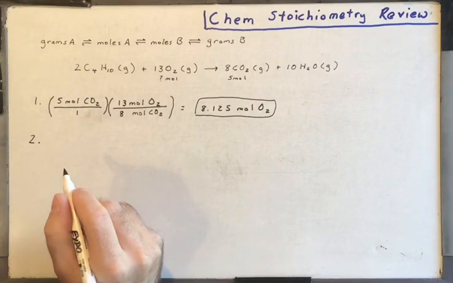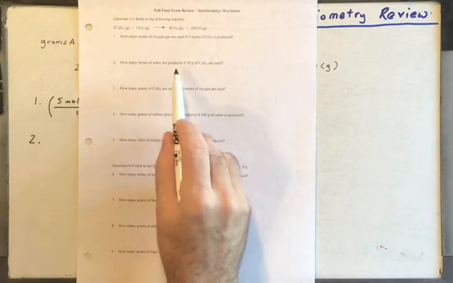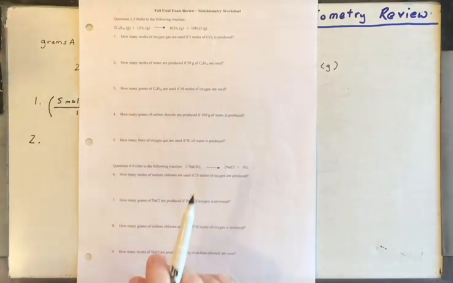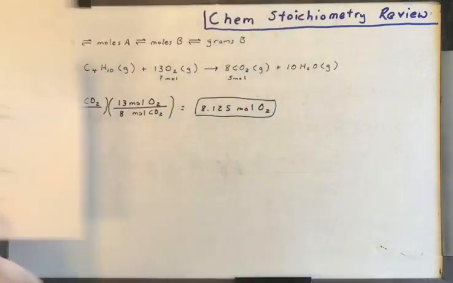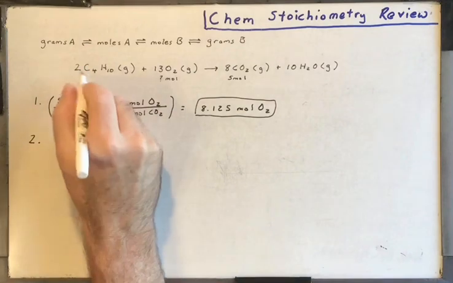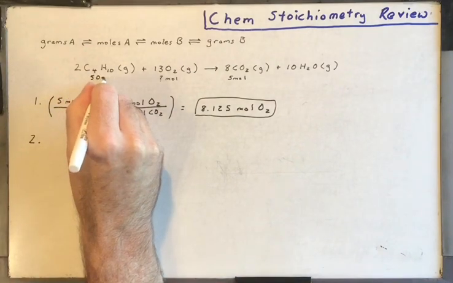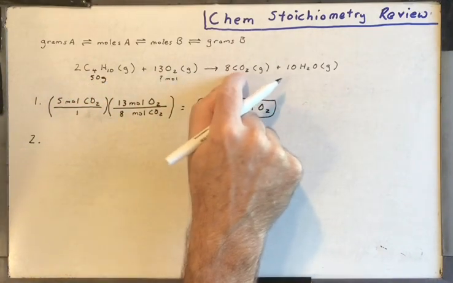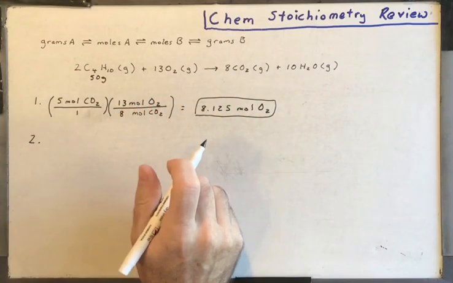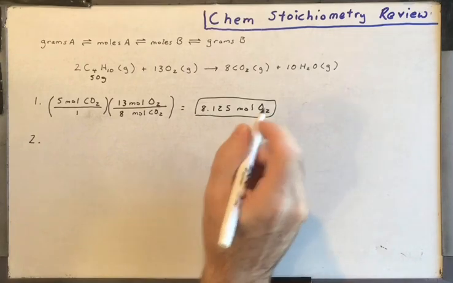All right, number 2 says how many moles of water are produced if 50 grams of C4H10 are used. Okay, so 50 grams of C4H10. I'm going to erase what I put under here for question 1. It says how many moles of water.